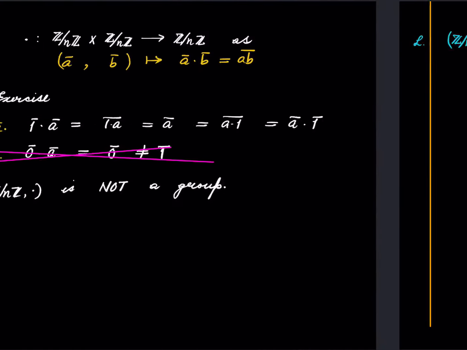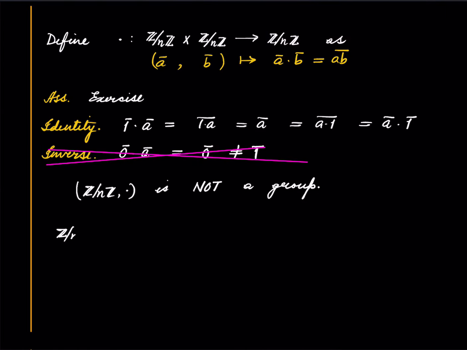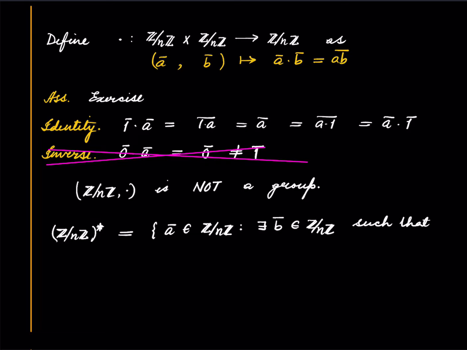So we define Z mod NZ star as those elements in Z mod NZ such that there exist some element in Z mod NZ such that A bar B bar is 1 bar.